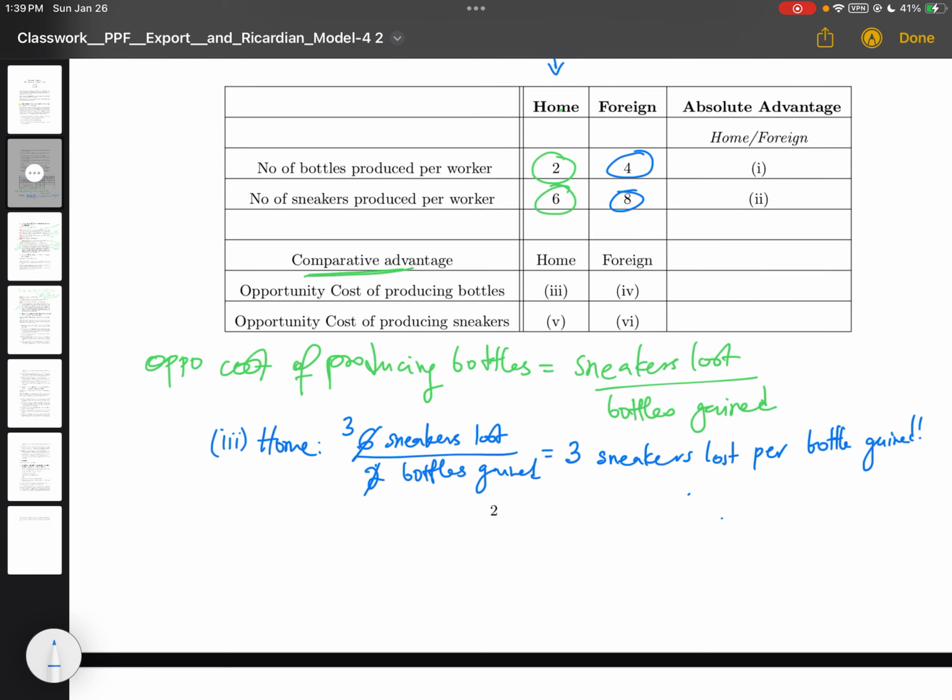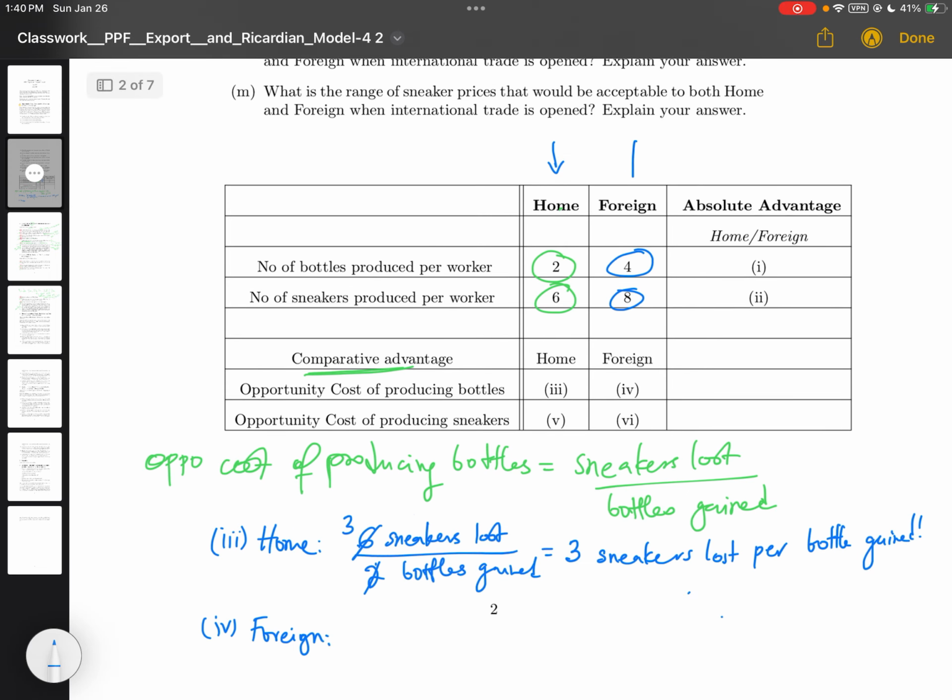That's I. Now we need to calculate the one for foreign, so IV. For foreign, the opportunity cost of producing bottles, again, it will be sneakers lost over bottles gained. This time, we are looking at the foreign column. The foreign column has the two numbers 4 and 8.